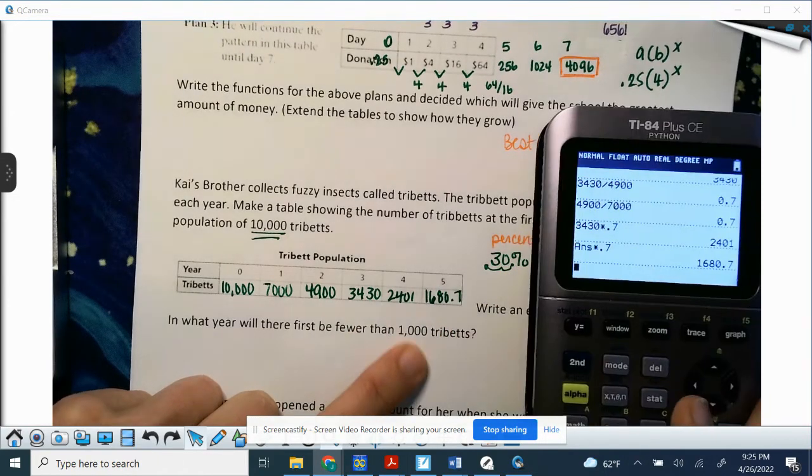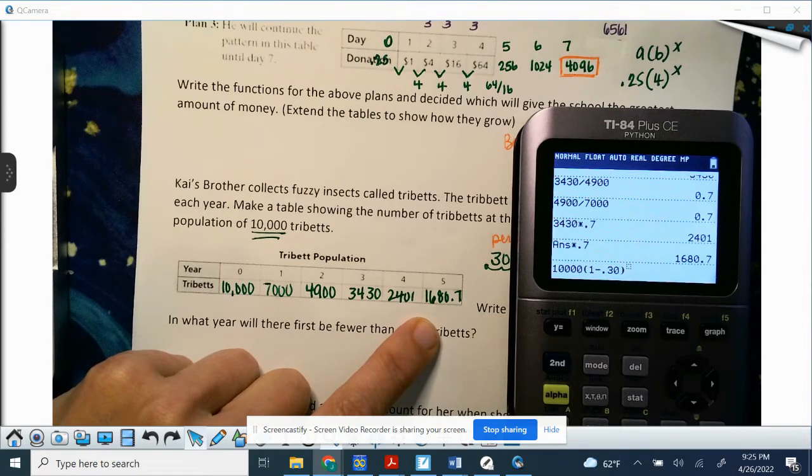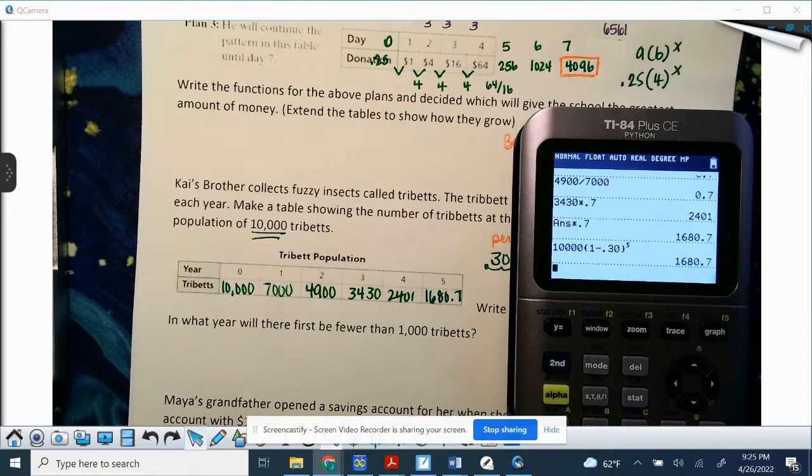And the way that we know this works is because we started with that 10,000, and 0.70 is my decay. Or if none of that makes sense to you, all of this is fair game and is solid math. You can put in 0.30 just as such and then raise it to the 5th power. It's 1,680.7.